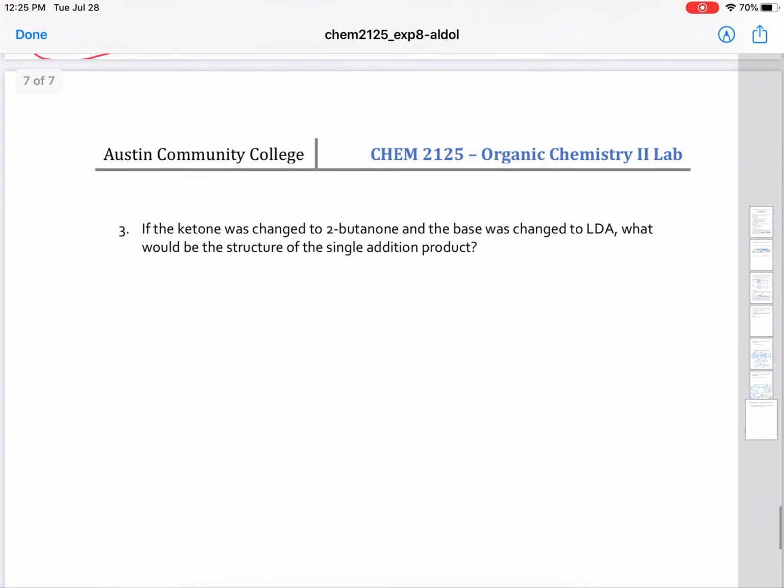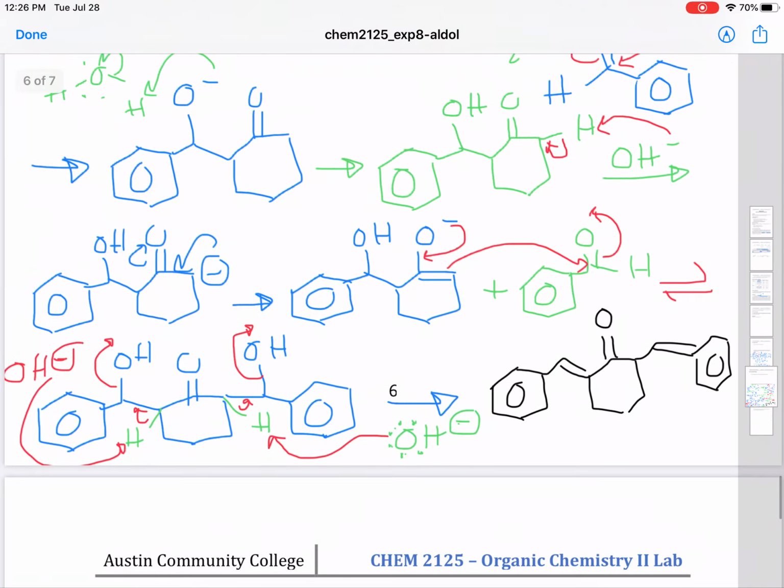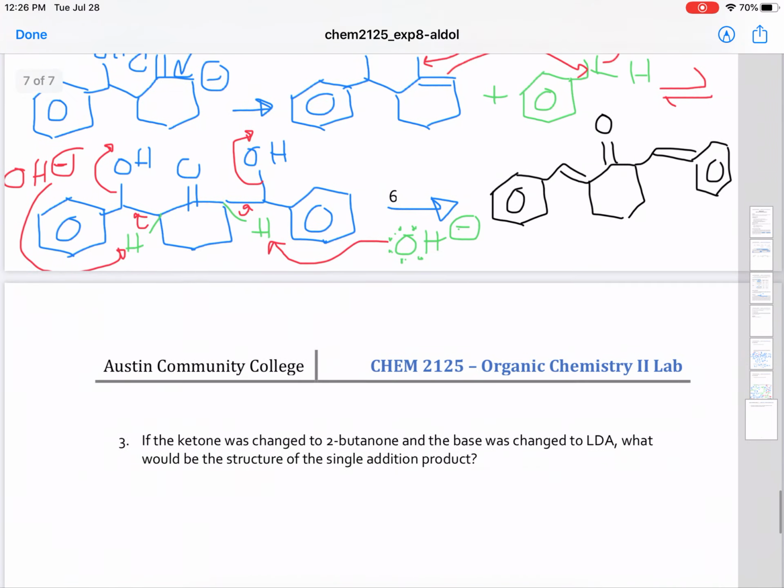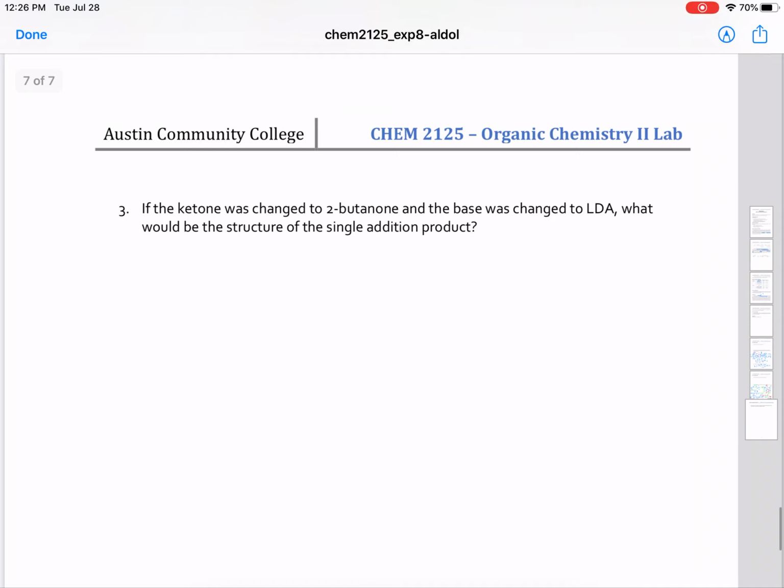If the ketone was changed to 2-butanone and the base was changed to LDA, what would be the structure of the single addition product? Now the ketone was changed to 2-butanone. So here our ketone is cyclohexanone. What about if you have 2-butanone?